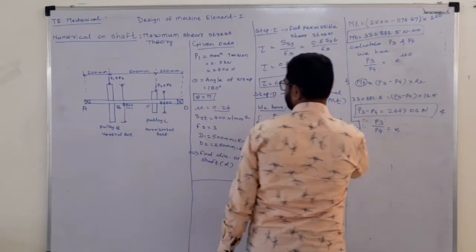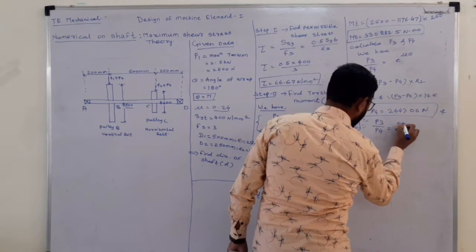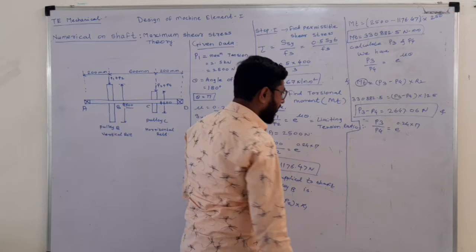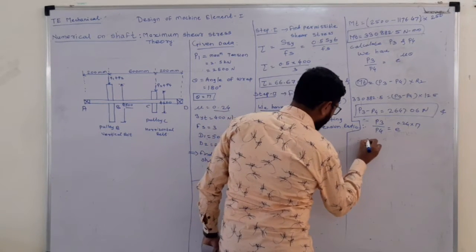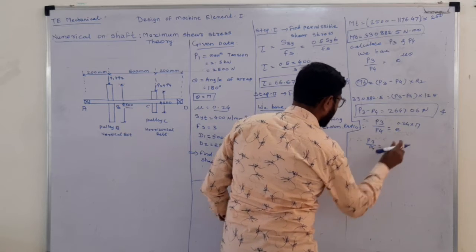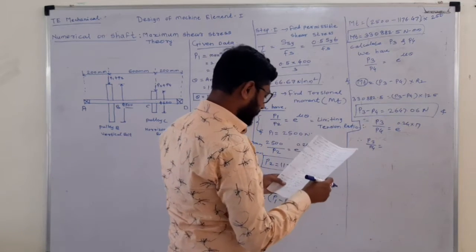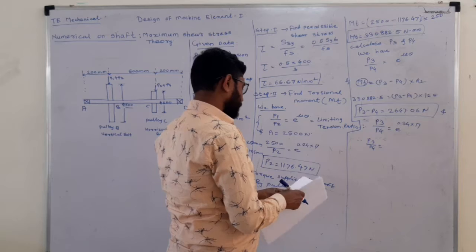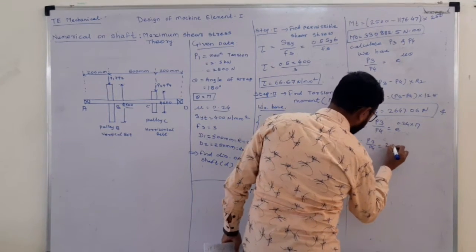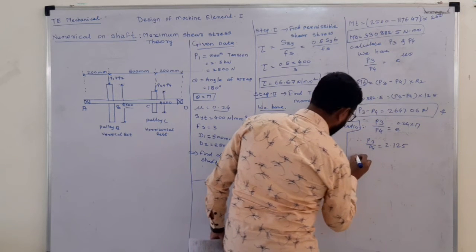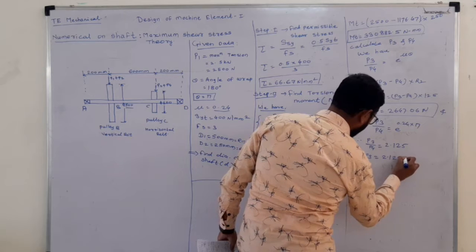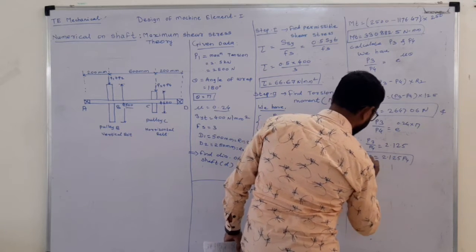Mu is coefficient of friction, given 0.24, into theta is pi. Again here that ratio P3 upon P4 is e raised to 0.24 into pi, the ratio is 2.125, means P3 is equal to 2.125 P4.